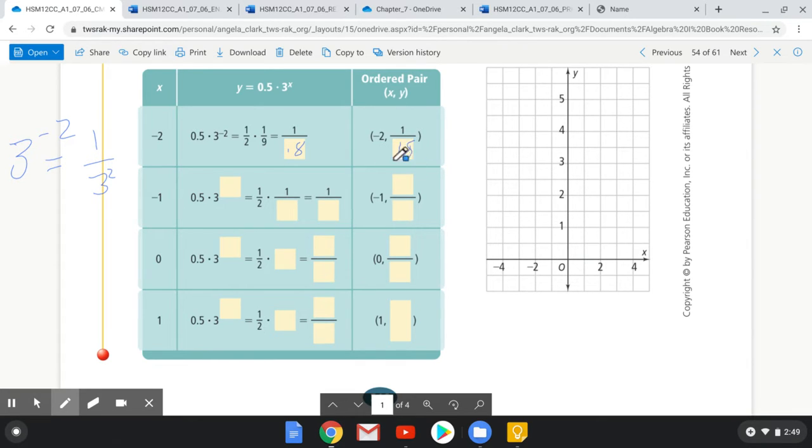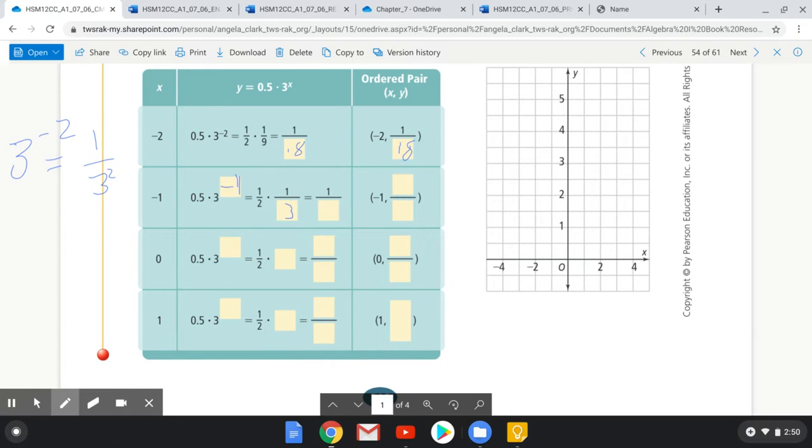-2 and 1/18. All right, so when x is -1, we have 0.5 times 3 to the -1. Sorry, that's not a very nice one, but that's okay. And then again, 0.5 is the same thing as 1/2. 3 to the -1 is 1/3, right? That's the same thing.